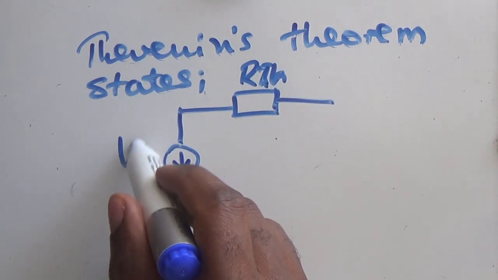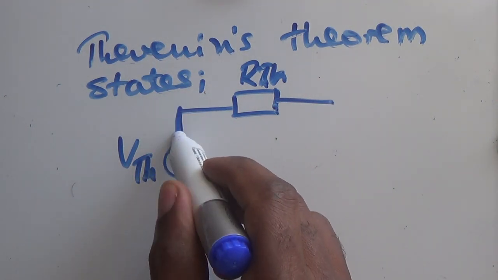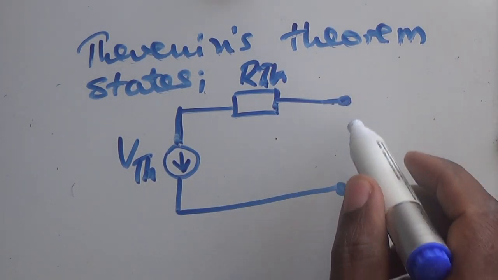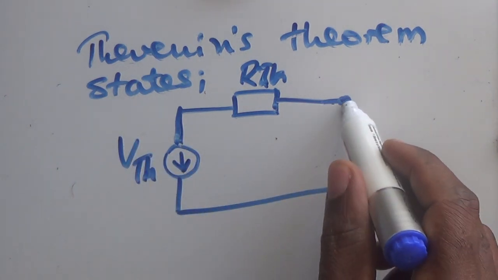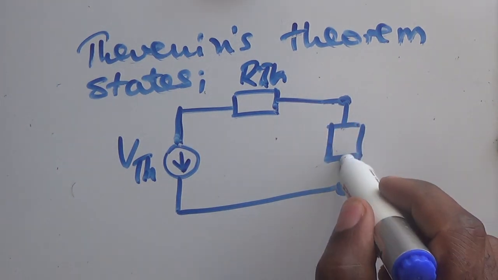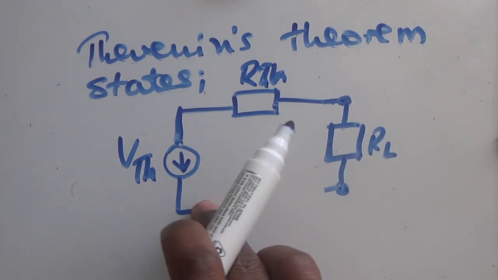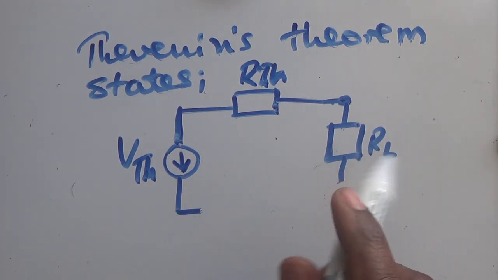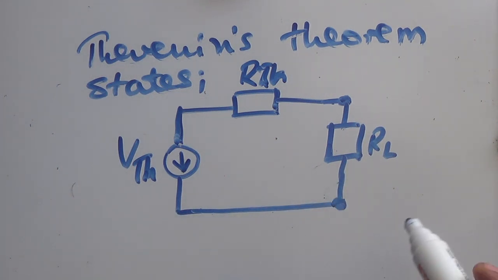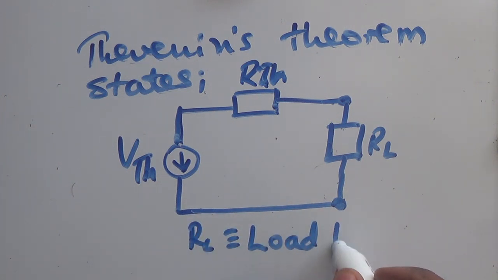And then we have this voltage source, which we call the Thevenin's voltage, and these two terminals here, and then we get this voltage source with the load, which we normally take as RL. So this is the load resistance, RL. RL is the load resistance.